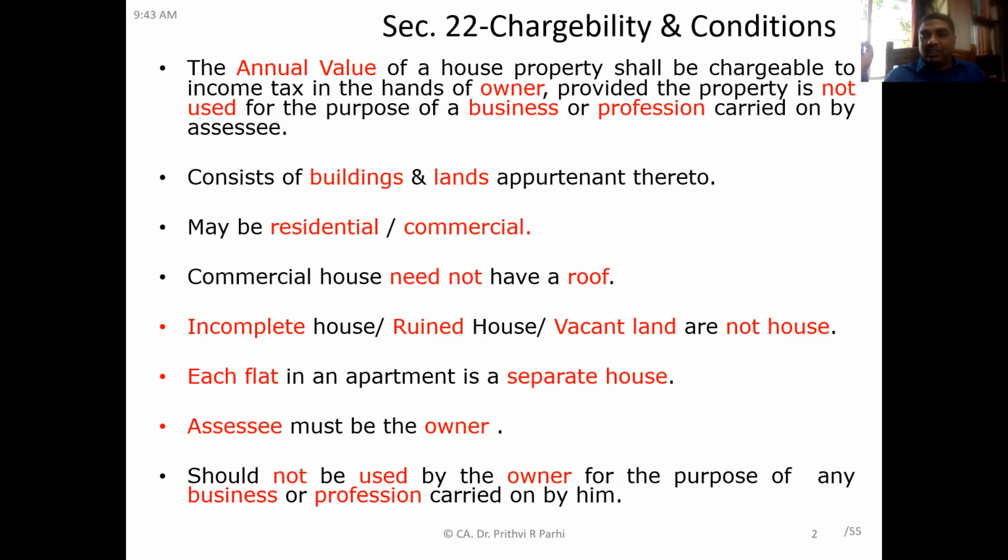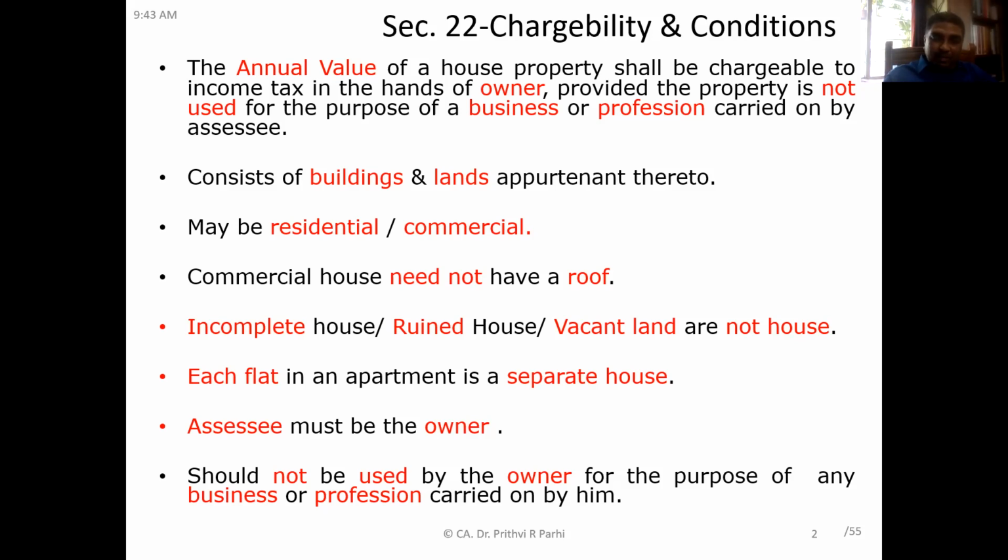So that is not his income under the head house property. That may be his business income or maybe income from other sources. So the assessee must be the owner of the house. Then only the annual value of the house property shall be taxable under the head income from house property.